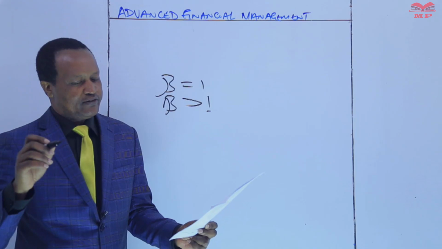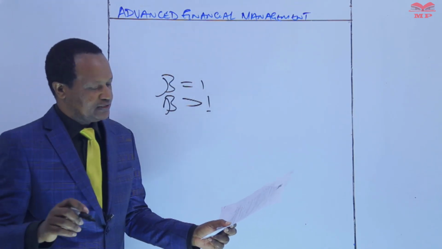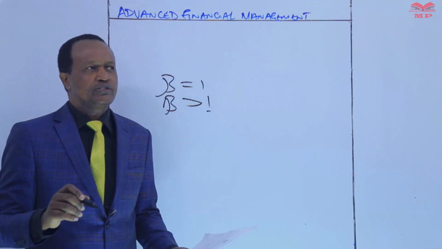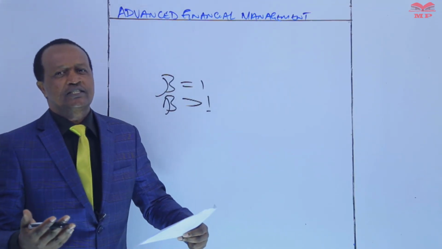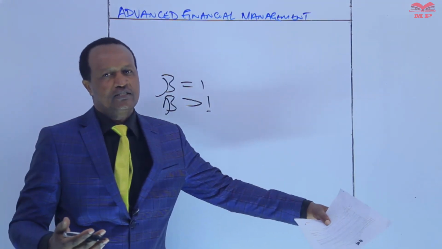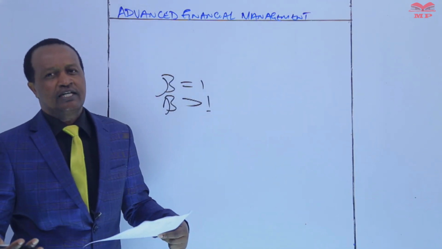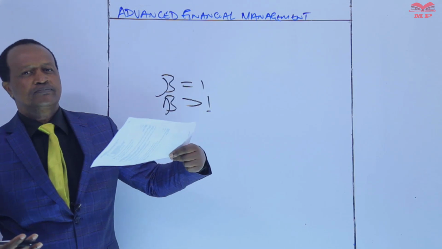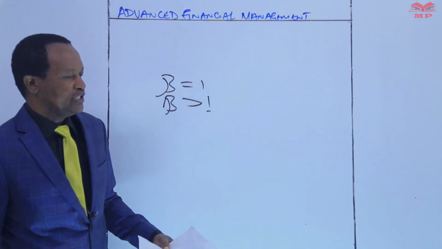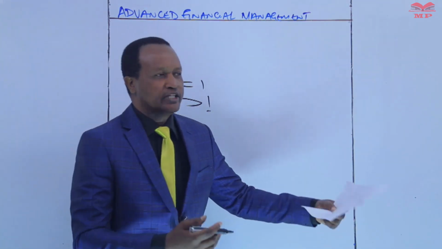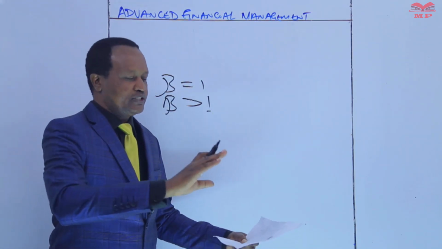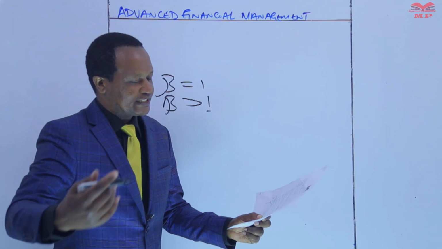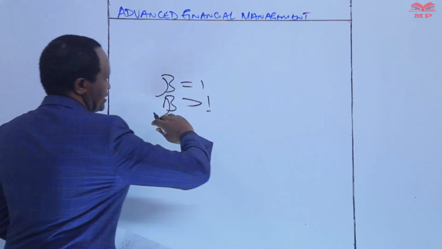When an asset's beta is greater than 1, the asset is more volatile than the market and its price will move more than the market.